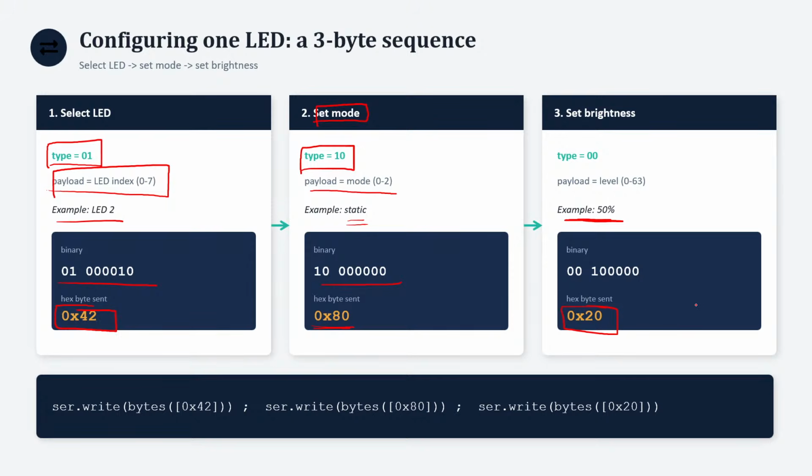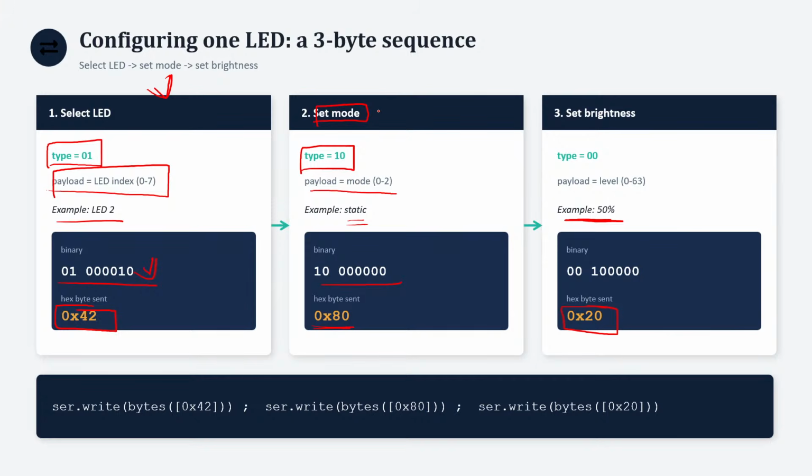Now, the major question over here is how we are going to configure an LED. In this example, if I want to configure one LED, first of all, in step number 1, I'm going to send 8 bits of data.